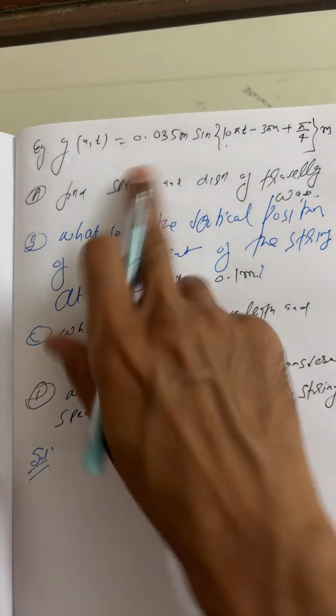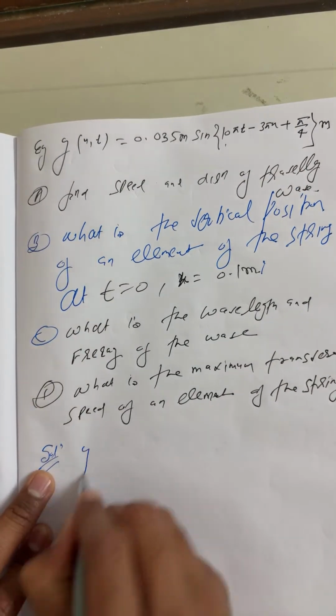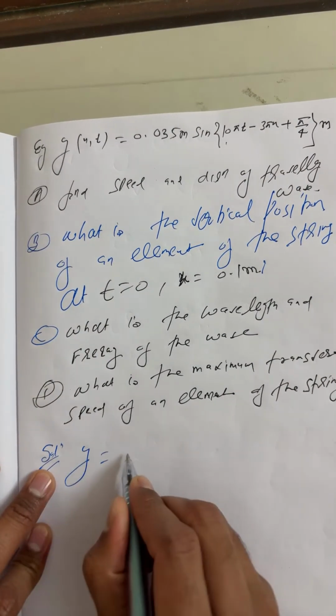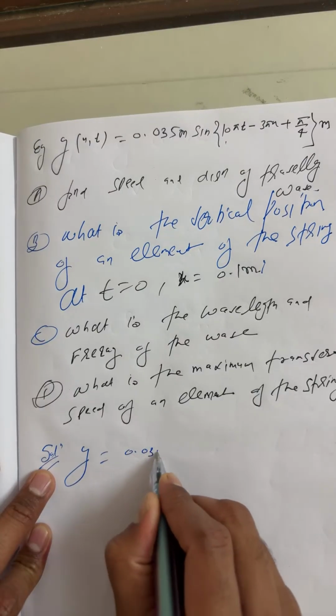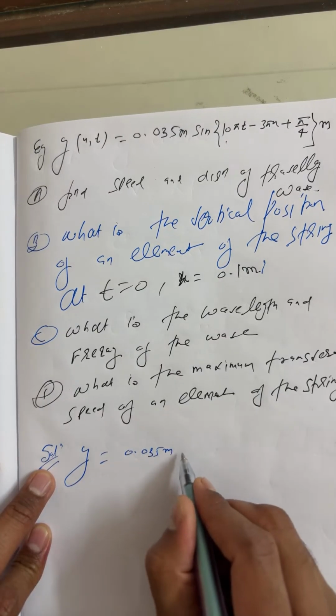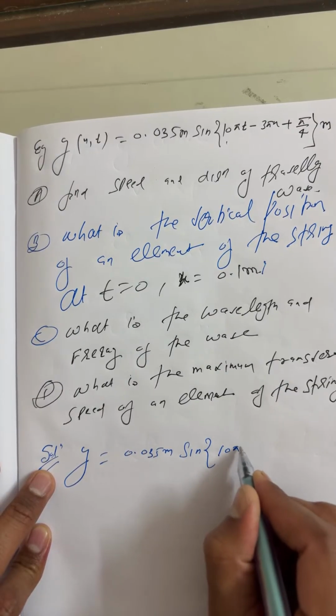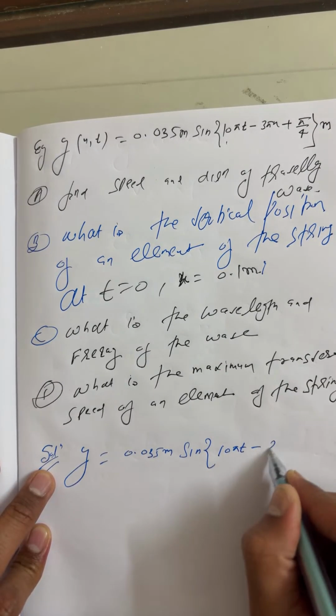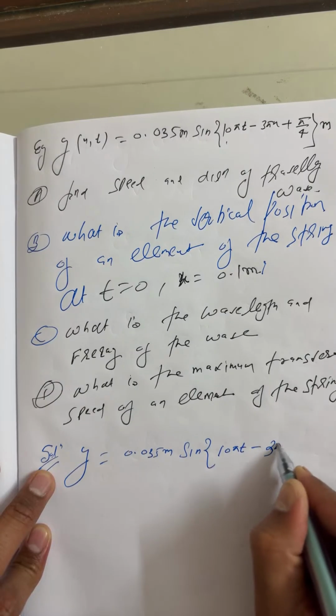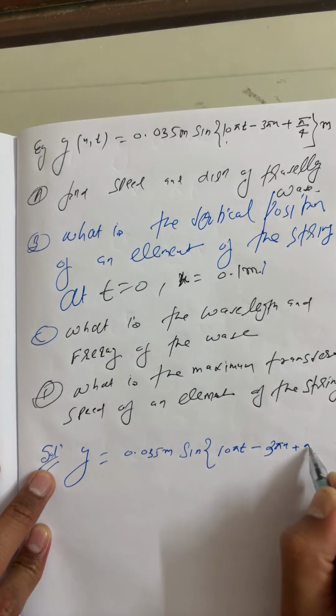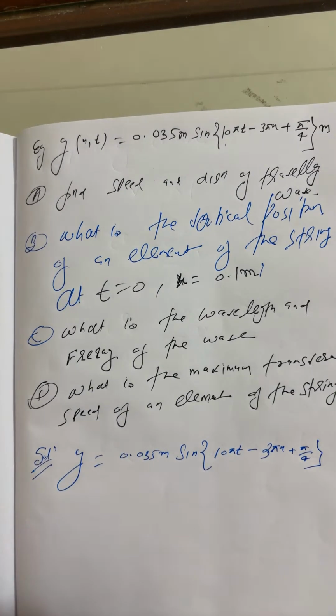So first we can find the speed from this equation as it is. y equals 0.035 meter sine of (10 pi t minus 3 pi x plus pi by 4).